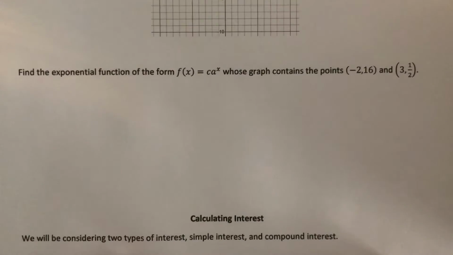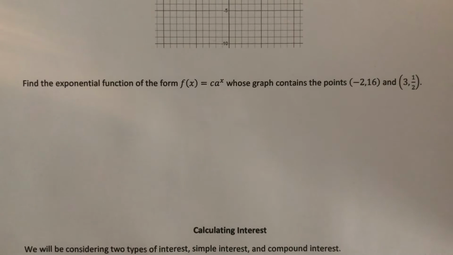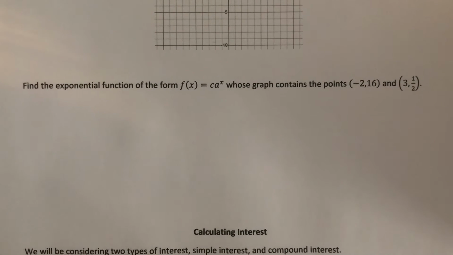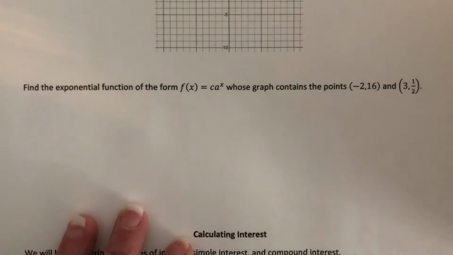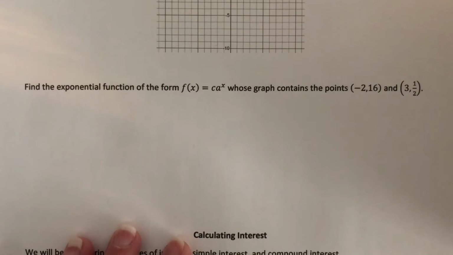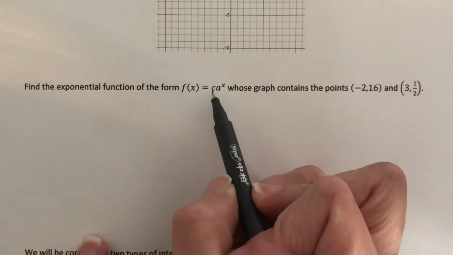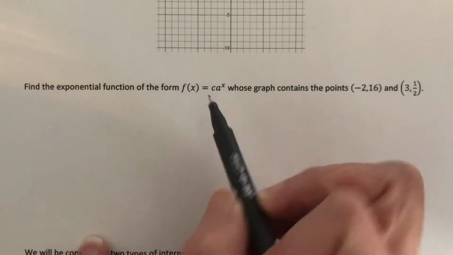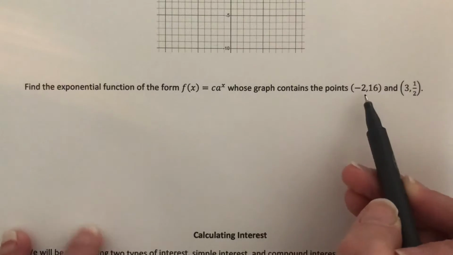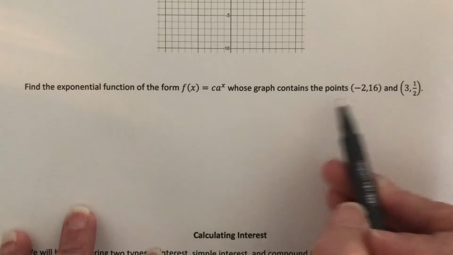Now another type of problem. Let's find the exponential function of the form f of x is equal to c times a to the x, whose graph contains the points -2, 16, and 3, 1/2. So I'm going to need to find both c and a. Let's start with f of -2.